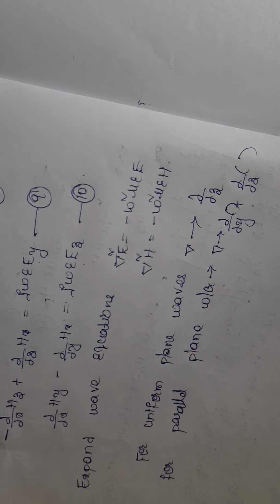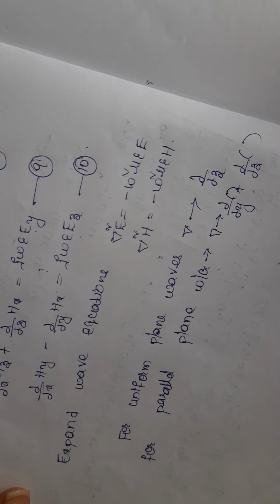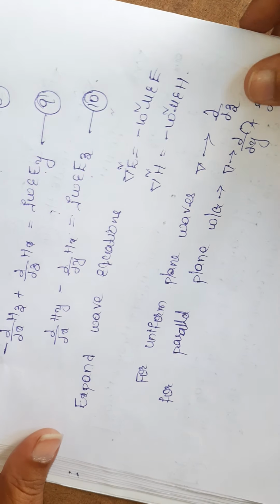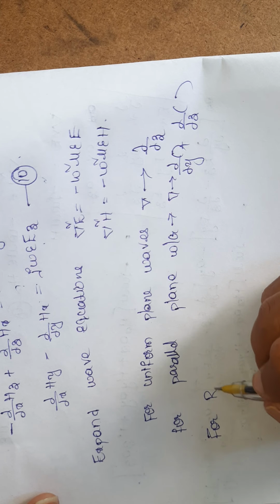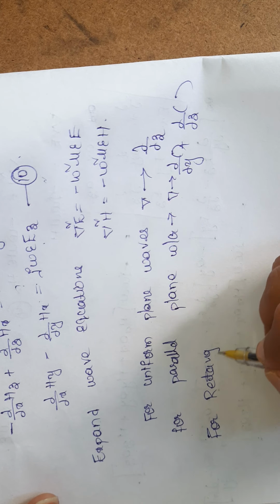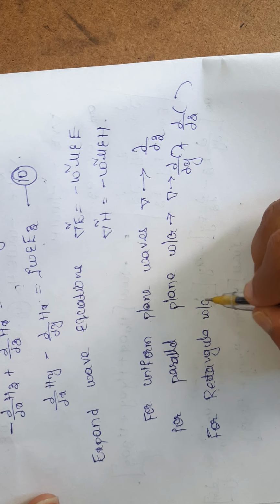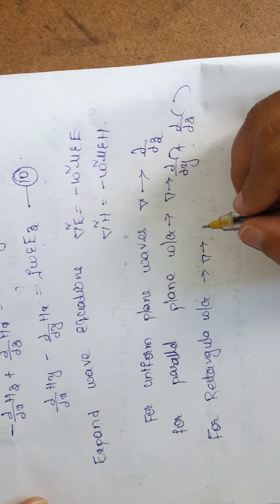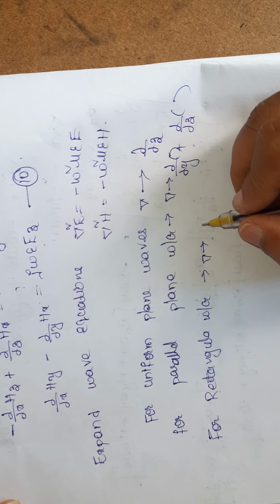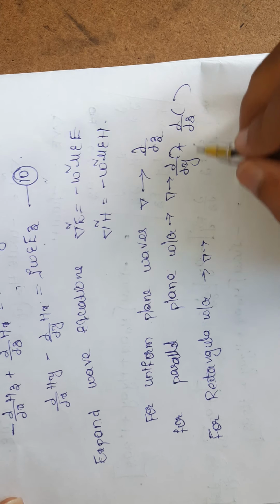Okay, now for rectangular waveguide, del can be written as, because in rectangular waveguide the wave is restricted along both x and y direction and it is propagating along z direction.